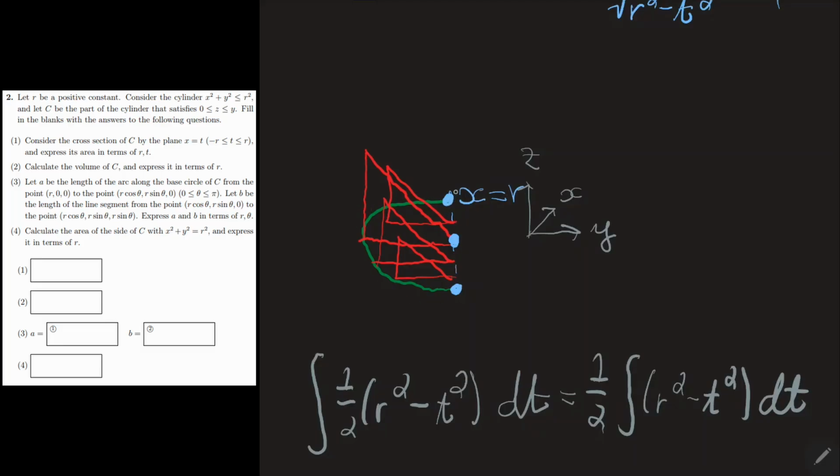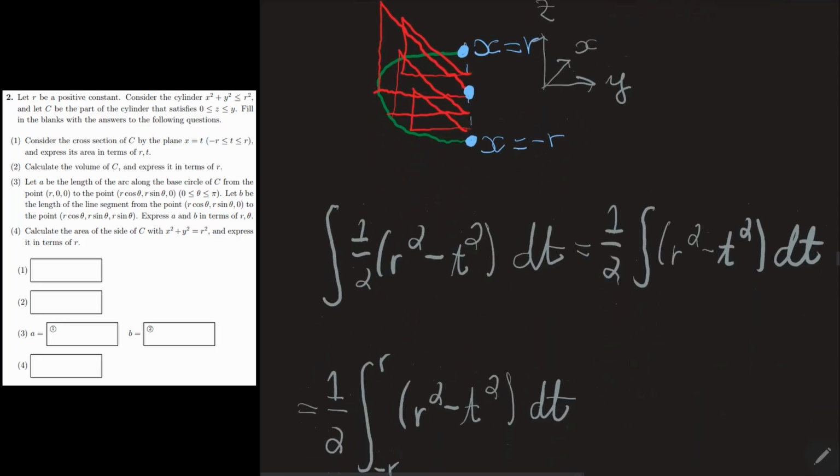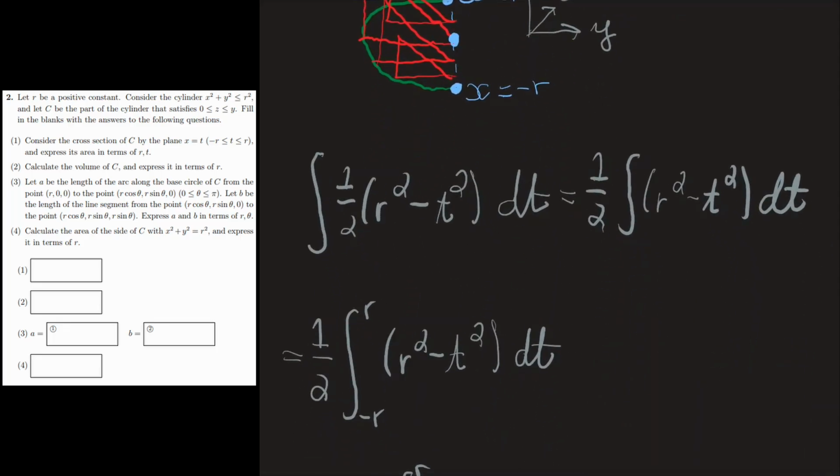So at the very edge of the circle over here, our x value is equal to r. And so clearly there's no reason to take an integral beyond r, since past that point there's no shape to even consider. And likewise in this direction, our x is just equal to negative r, and so there's no reason to take our integral beyond negative r as well. So the bounds of our integral are between r and negative r.